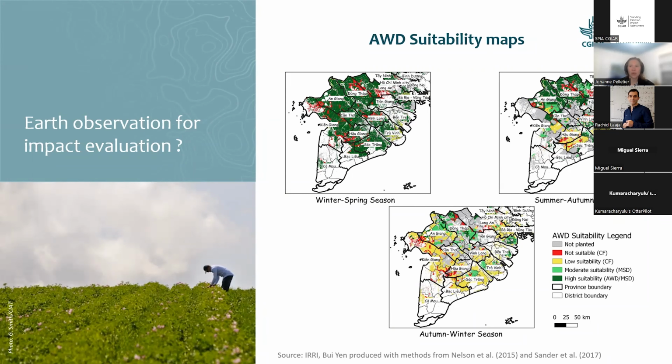Examples of research using remote sensing have been more about targeting innovation, the diffusion of innovation, evaluating the suitability of areas, or as input in crop modeling, for example. So there's already a bulk of experience within the CG.